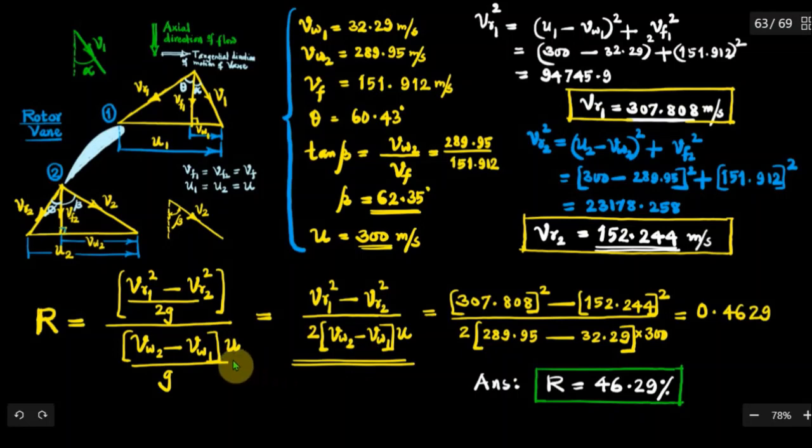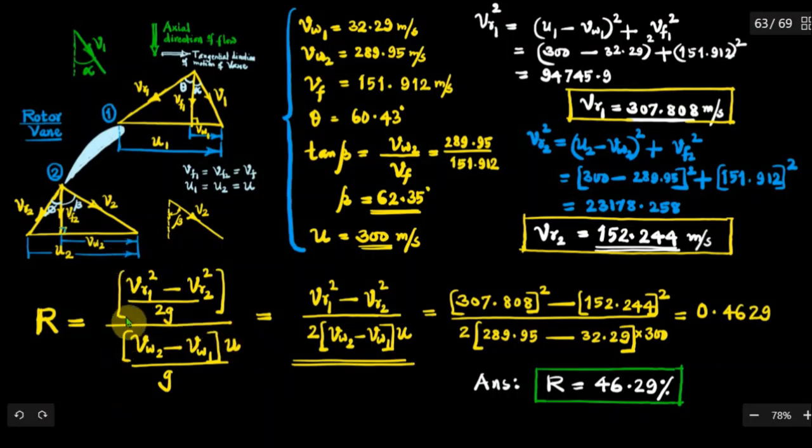If you find that quantity in joule per weight of flowing air, that is energy per unit weight of flowing air, that becomes head, joule per Newton, which is meter. So Vw2 minus Vw1 into U divided by g is Euler's head. Its unit is meters of flowing fluid, that is air in this case.